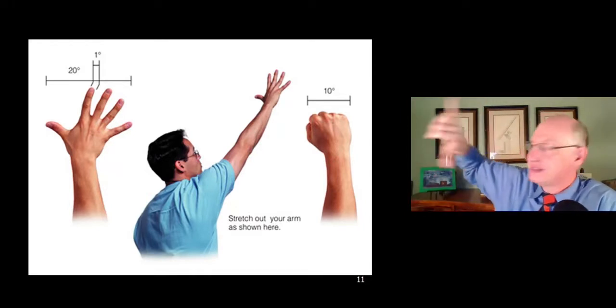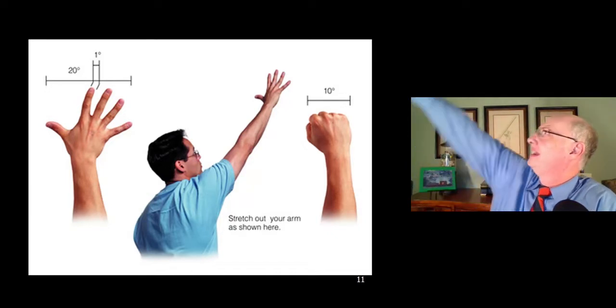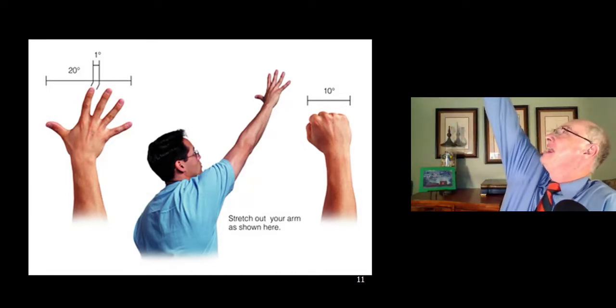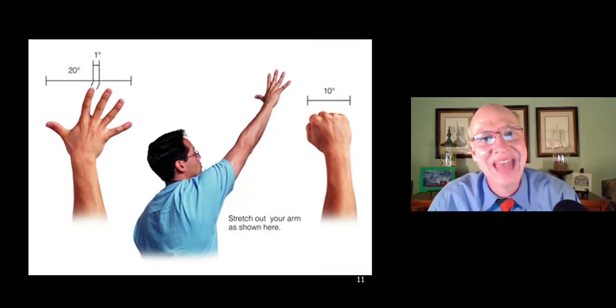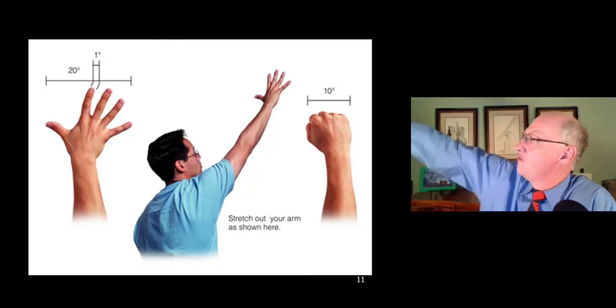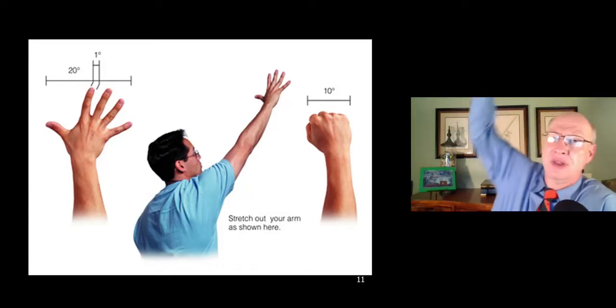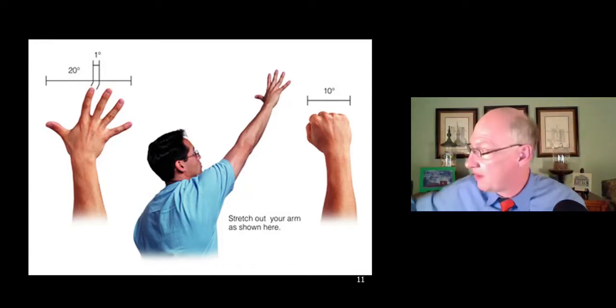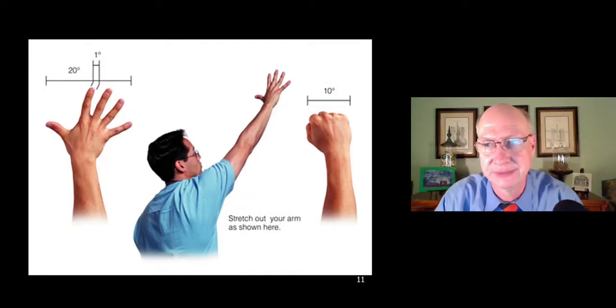If I hold this out at arm's length, that's about 20, 40, 60, 80, and then I make a fist to get another 10 degrees up there, and that is how I measure angles in the sky. So I had 20, 40, 60, 80, but to get to the zenith, I have to go another 10, and so I measure from my horizon to my zenith an angle of 90 degrees.